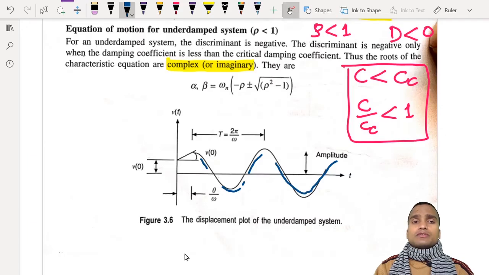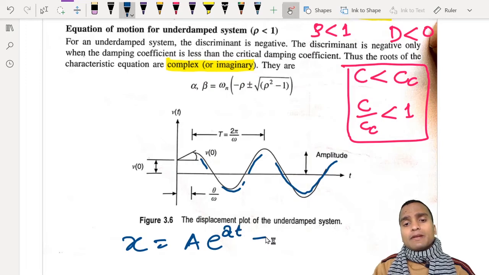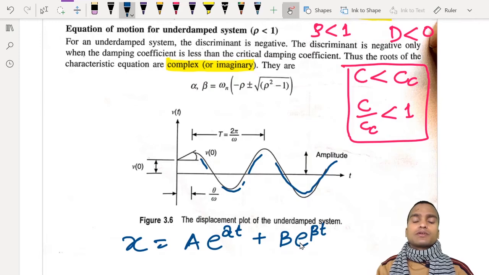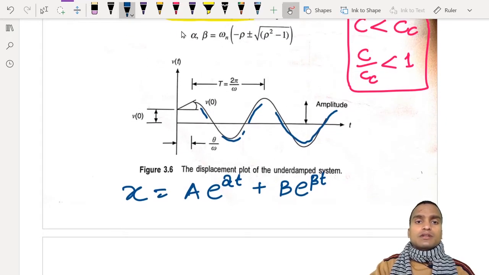Now the general solution for the equation of motion in the underdamped system will be x is equal to a into e to the power alpha t plus b into e to the power beta t. Let us put the value of alpha and beta from this equation.